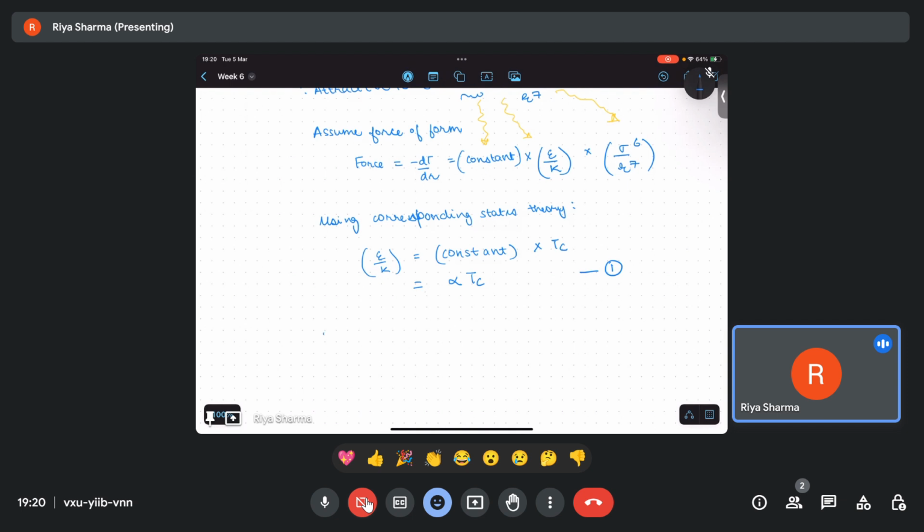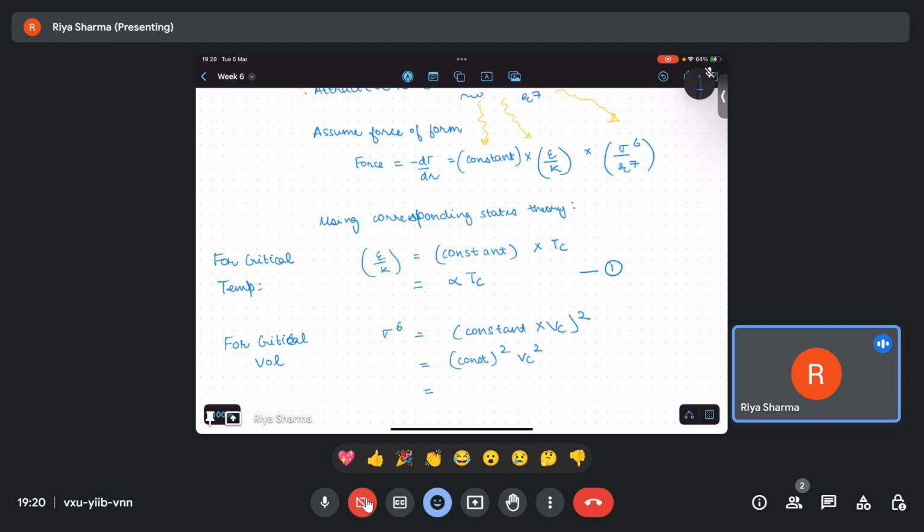Then for critical volume, sigma to the 6 is equal to a constant into Vc squared, which is constant squared into Vc squared.